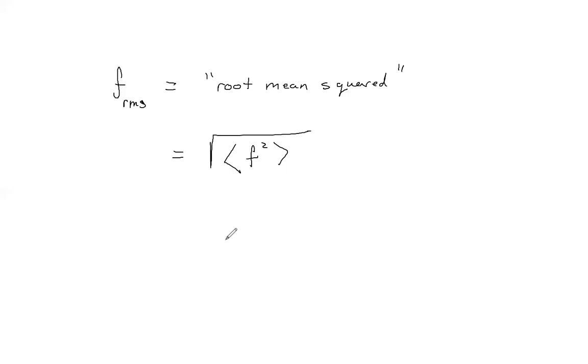For example, when we talk about voltage, in our house we have AC voltage. The voltage swings up and down, and so the average value of the voltage is actually 0. So when people are talking about say 110 or 220, the average is 0, but if you were to calculate the average of the square of the voltage, it wouldn't be 0.